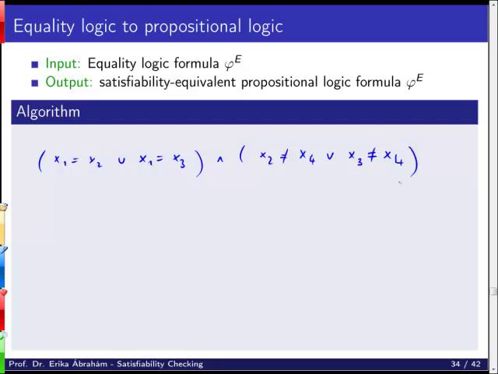So I construct the equality graph, and now I take it without polarity. I just note where there is a relation between the variables: between 1 and 2, between 1 and 3, between 2 and 4, and between 3 and 4.